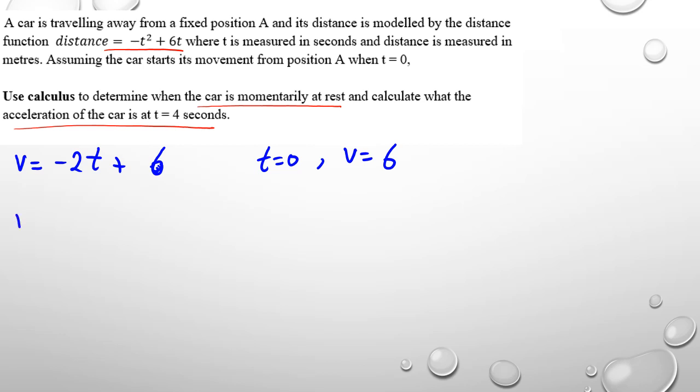So at t is 4, it's negative 2 times 4 plus 6, you get negative 2. So when t is 4, the velocity is negative 2. That's it. Seconds, meters per second.